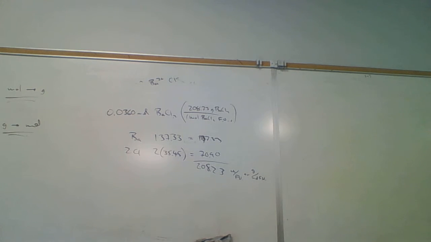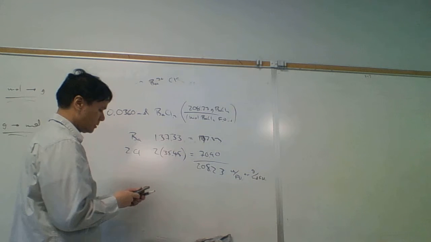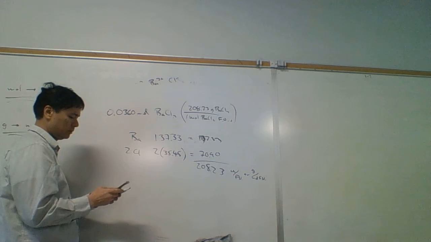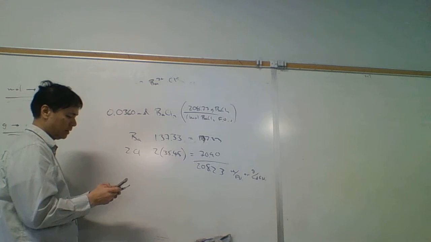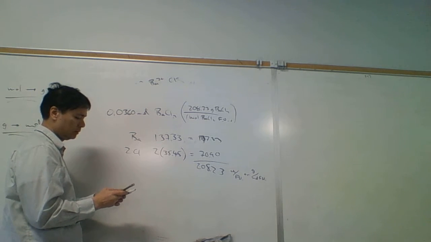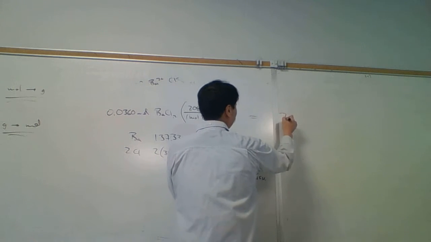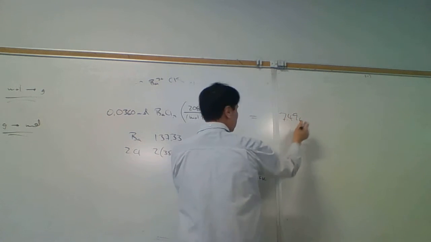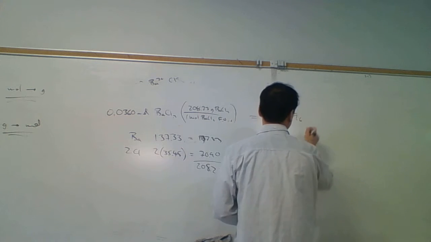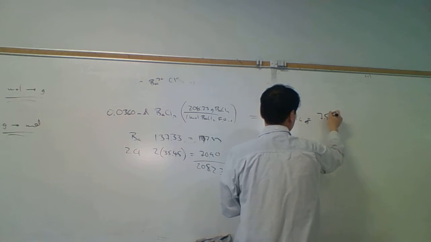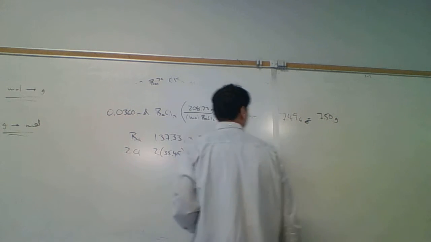Well, anyway, they got 7.50. I'm going to get a slightly different answer. So, what will my answer be? 0.036 times 208.23 is 7.496. I'm allowed 3 sig figs, which is 7.50 grams of barium chloride.